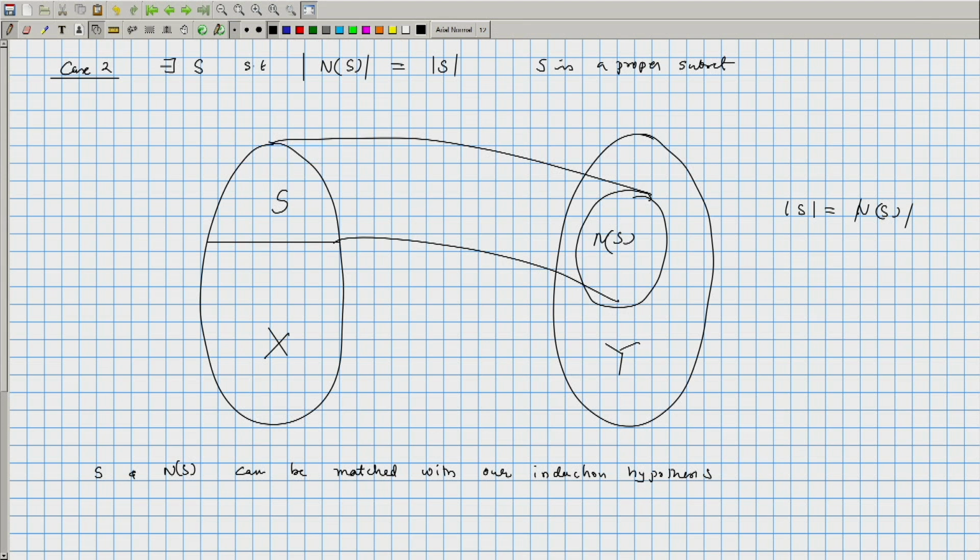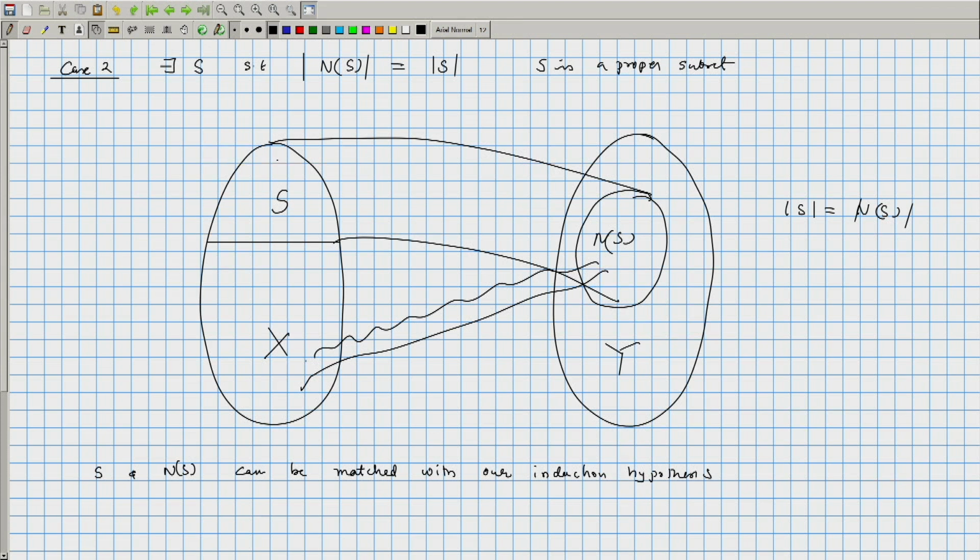Look at the induced graph that you obtain by considering just the vertices in S. That induced graph is also going to be a bipartite graph, and that bipartite graph is going to be completely restricted to this portion, because all the neighbors were in NS. Of course, there could be edges which come from neighbors of S to the remaining portion, but those edges we are ignoring by just looking at S and NS.